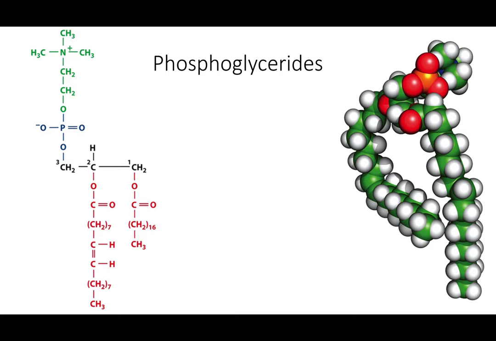Okay? Now, the last really big thing to understand about these is that they have very, very strict requirements. On carbon number 1, there's always a saturated fatty acid, always, no exceptions. On carbon number 2, there's always an unsaturated fatty acid, always, no exceptions.